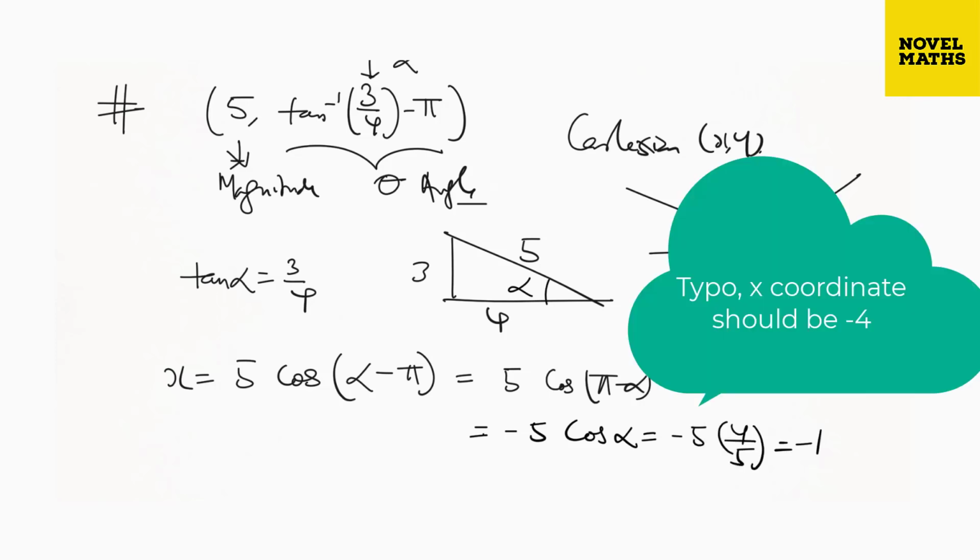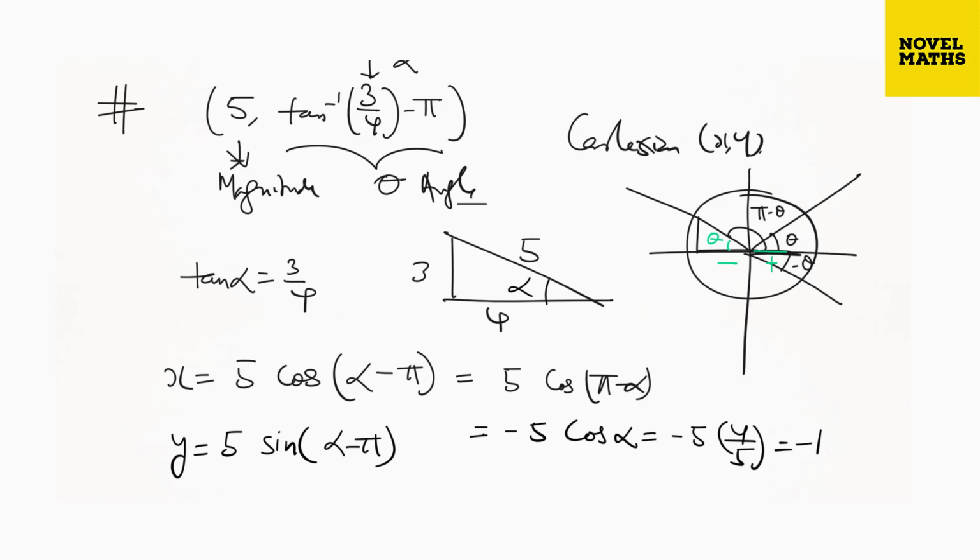This is negative 4. Similarly for the y coordinate, y is 5 sine of pi minus alpha. For pi minus alpha, the height is the same here. If this is positive, here also positive, no change, right? So we are not negating it.